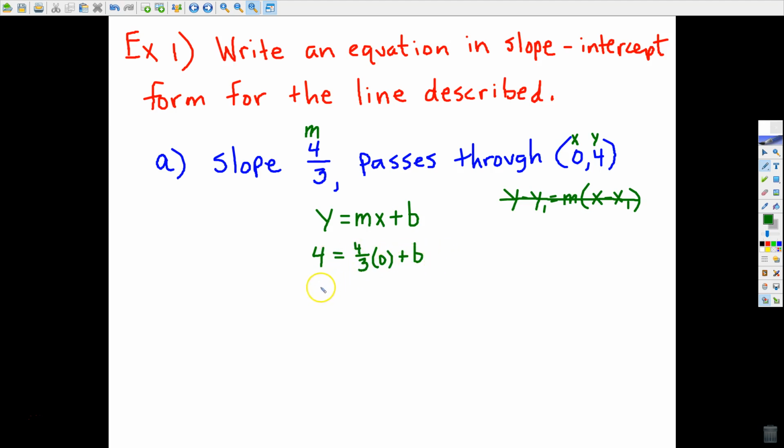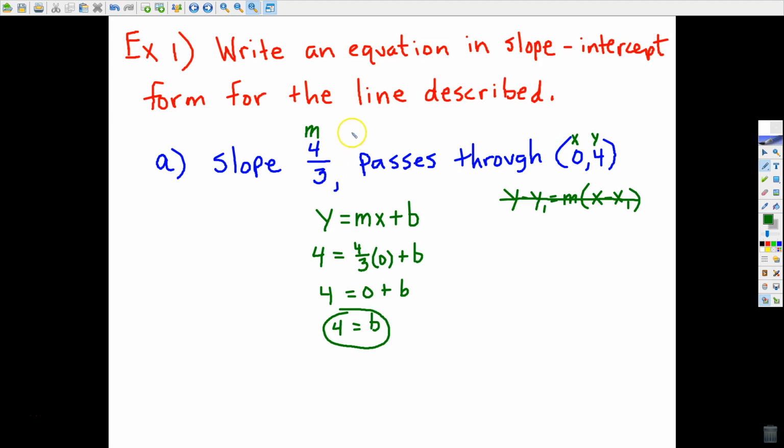So simplifying, I get 4 equals 0. 4/3 times 0 is 0, plus b. Well, obviously 0 plus b is just b. So our y-intercept that we did not know originally, it's not given to us, we discovered that the y-intercept for this line is 4.